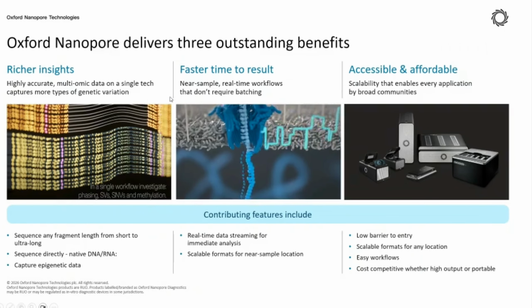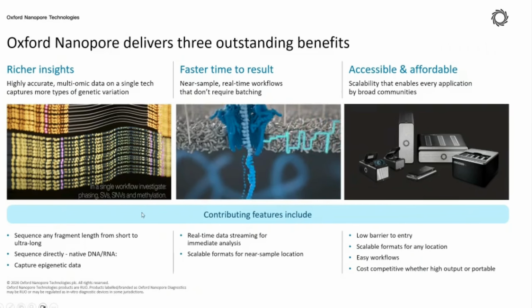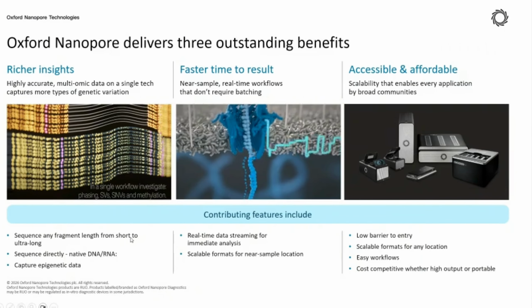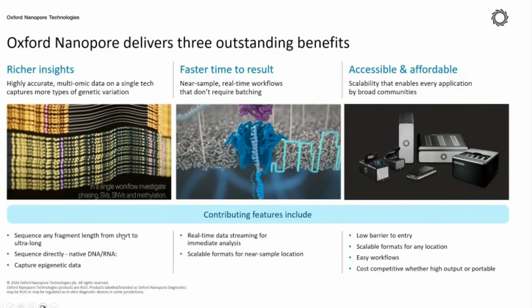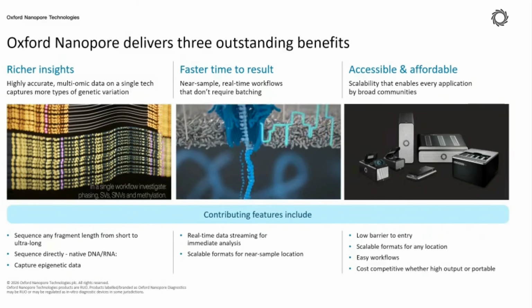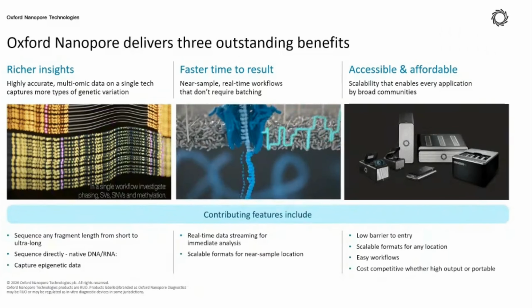Because Oxford Nanopore Technologies is able to sequence the native DNA and also RNA, it can capture the epigenetic signals from the DNA molecules. With that, in addition to genomics, we can also analyze the epigenetics. It also provides a faster time to results.